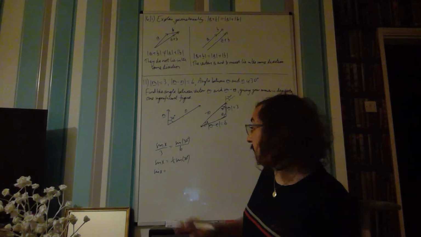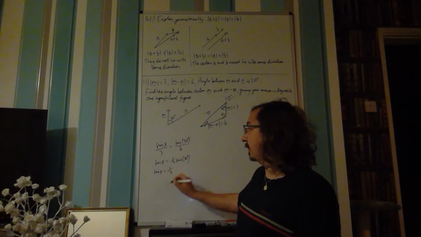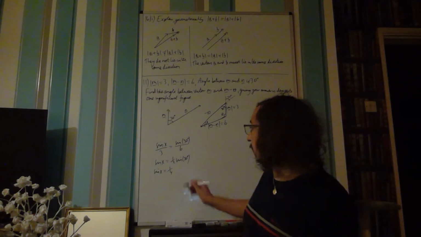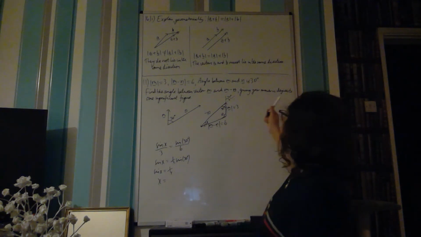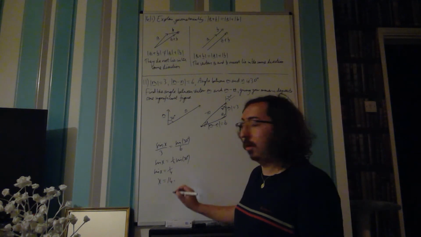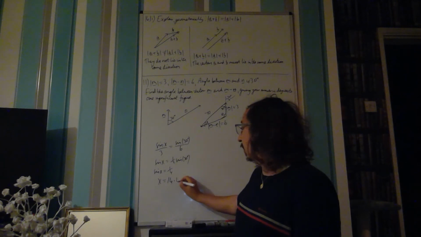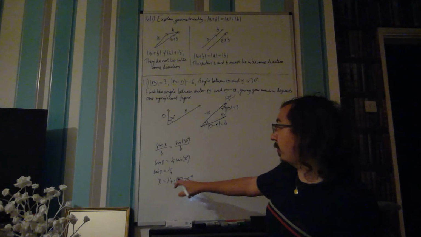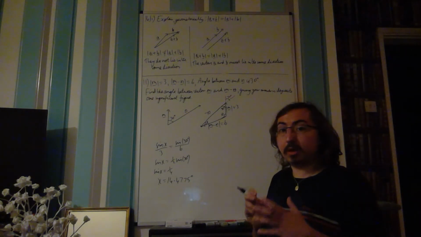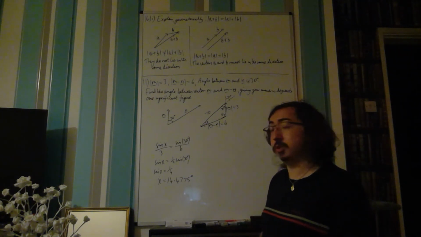Sine 30 is also equal to a half, and a half times a half is equal to a quarter. So you sine inverse that, sine inverse of a quarter in degrees, 14.4775 degrees.